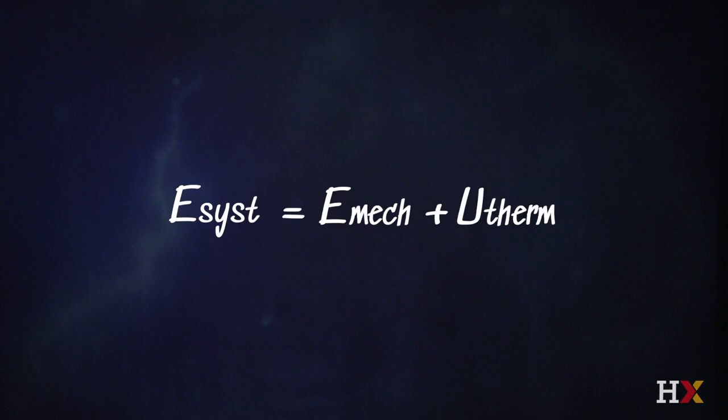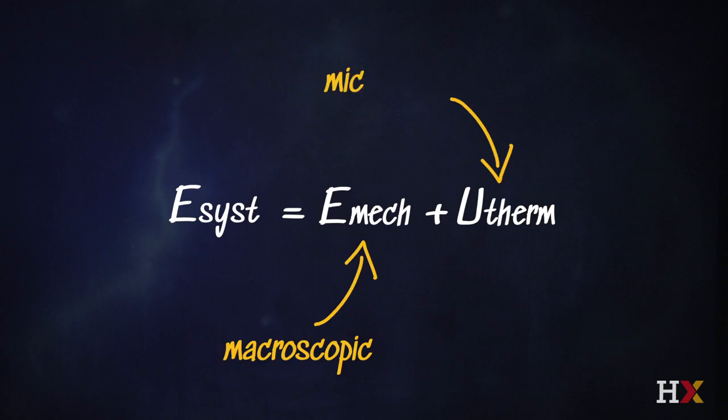And we recognize immediately that the mechanical energy is macroscopic, but the thermal energy is microscopic. It's microscopic because it refers explicitly to the motion of molecules, and the velocity of those molecules determines the temperature of that body.